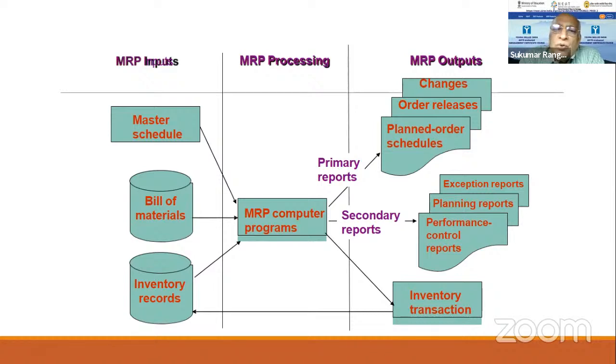So to produce a certain given quantity for that particular day, that much bill of material should be there. Now to produce, let us say, for that particular week, then that multiplied by that much should be there.